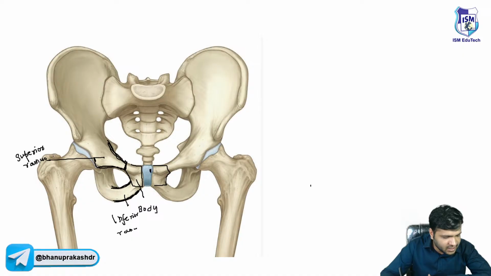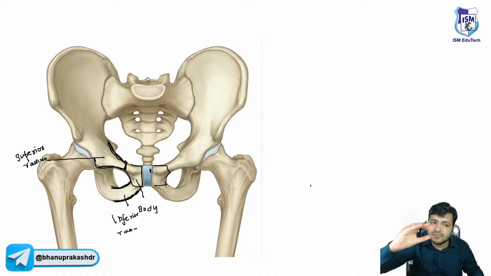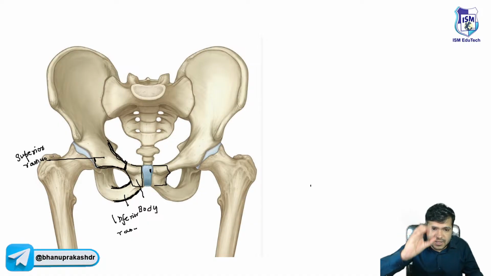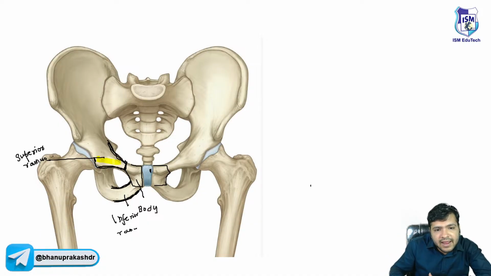So we have the body and two ramus. The body of the pubis is a connecting link between the superior ramus and the inferior ramus. The body is basically connected to the superior ramus, which is in continuation with the pelvic surface of the iliac bone, and we have the inferior ramus.